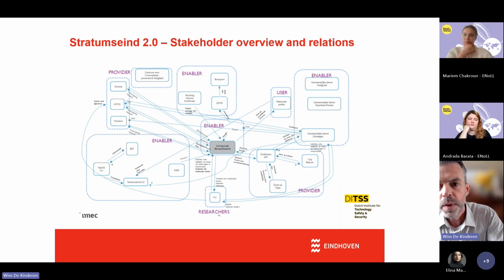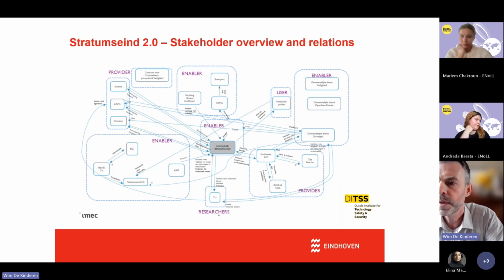Previously in this session, we were talking about all the stakeholders that you have to involve or can involve in a living lab, the different roles they take, the added value that they each have to find in it. When we were doing that status update, let's say, towards the end of the project, this is the picture that resulted from it.